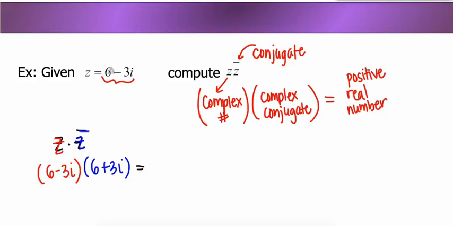Now, having multiplied a few of these already, hopefully you're at the point where you know that you're going to be adding two positive numbers. 6 times 6 is 36, and 3 times 3 is 9. 36 plus 9 is 45, and that is the product of 6 minus 3i and its conjugate.